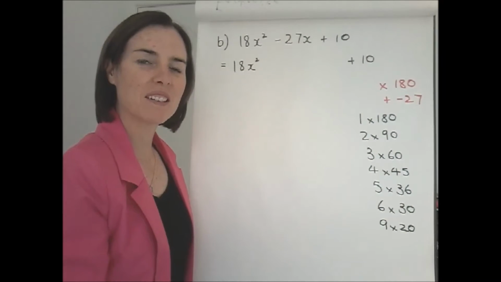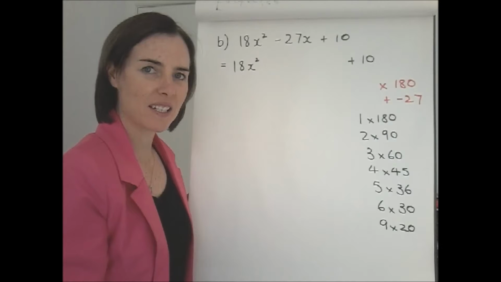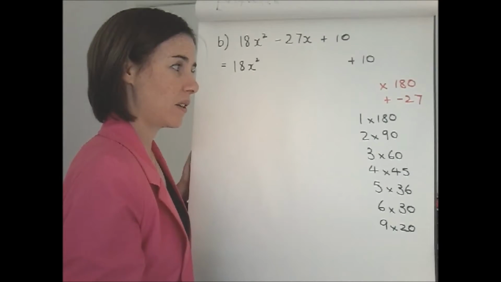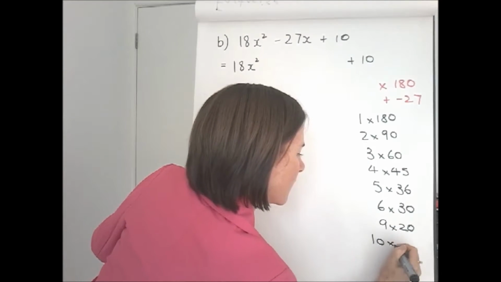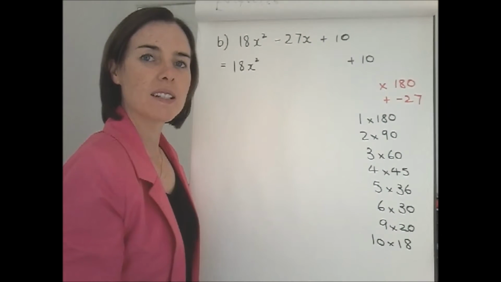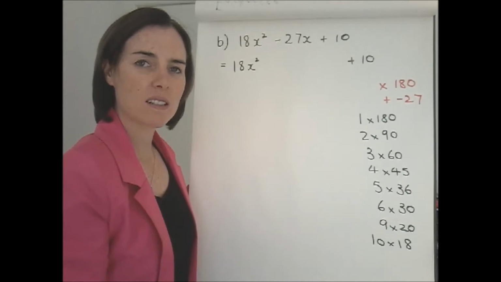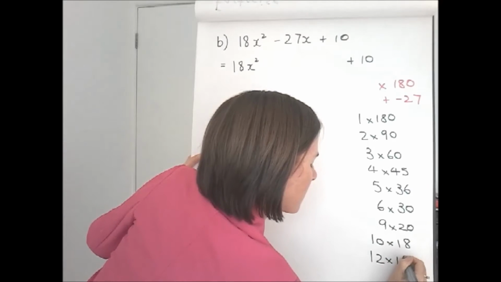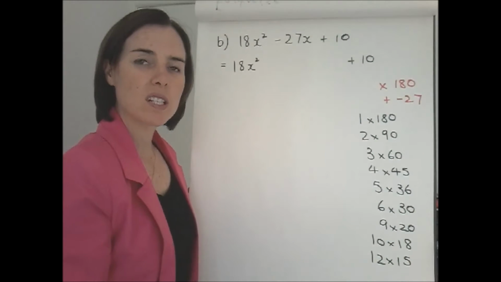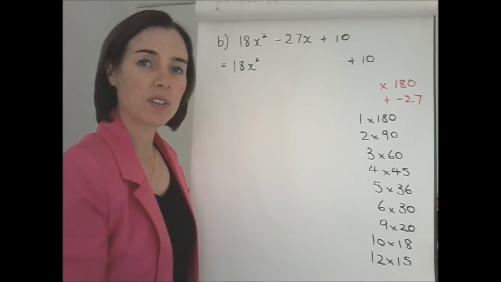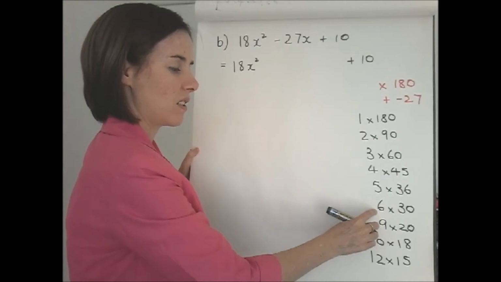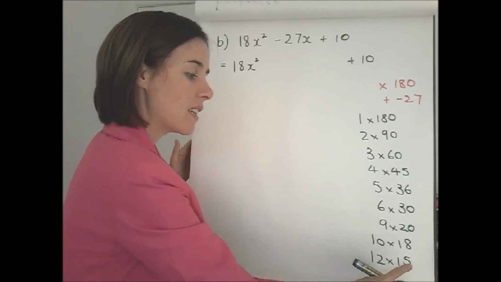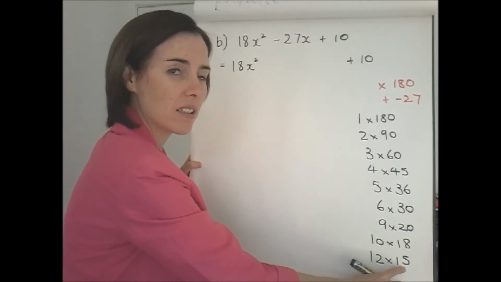You've got to check every single number starting from 1 until there's no more, and I'll show you when there's no more. Does 10 go into 180? Yes, 10 times 18. Does 11? No. Does 12? Yes, 12 times 15. Does 13 go in? No. Does 14? Well, 7 didn't, so 14 certainly won't. Does 15 go into 180? Yes, and I've already found it.